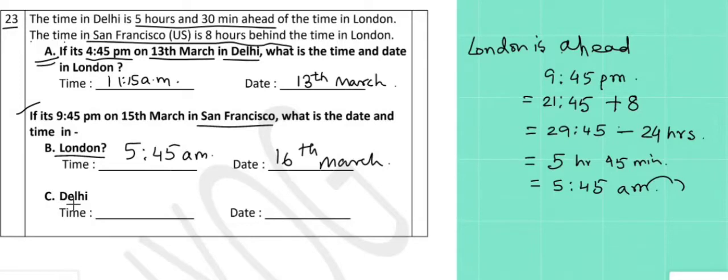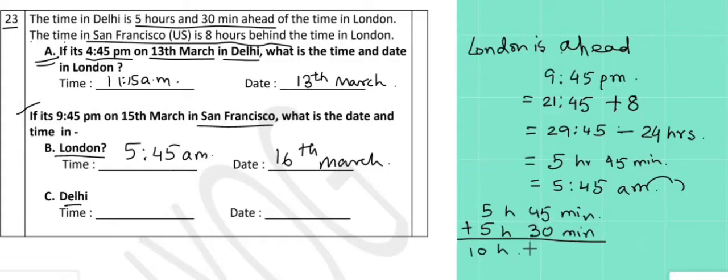Now for Delhi, Delhi is again 5 hours 30 minutes ahead of London. So from the London time, that is 5 hours 45 minutes, we will add 5 hours 30 minutes, which will give us 5 plus 5, 10 hours, and 45 plus 30, 75 minutes.